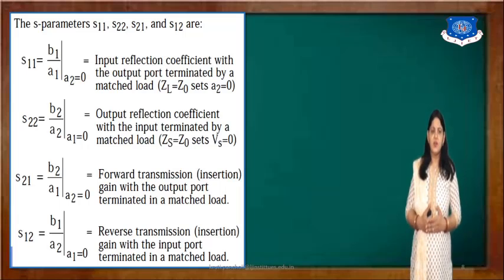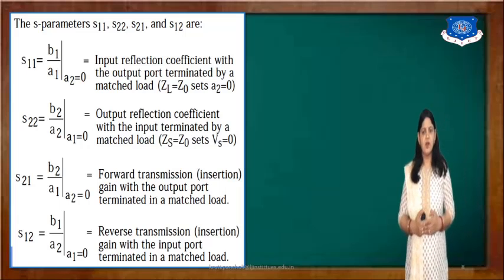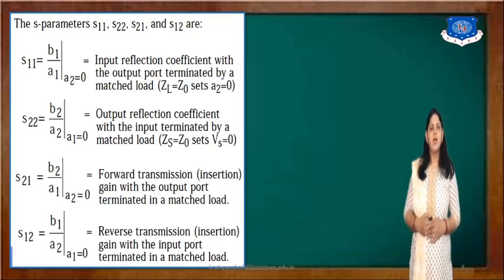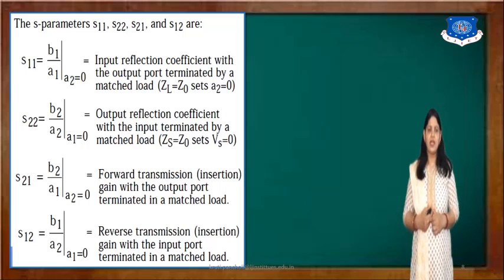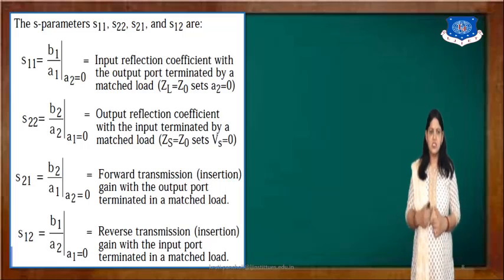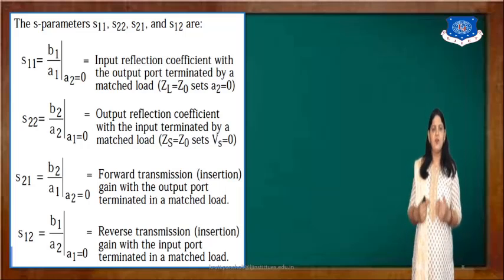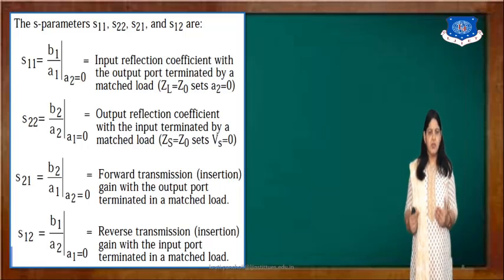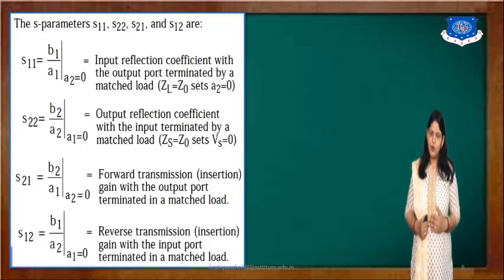What is S11? S11 is equal to B1 upon A1 while A2 is 0, that is, while port number 2 is terminated. So it is the input reflection coefficient with the output port terminated by the matched load.